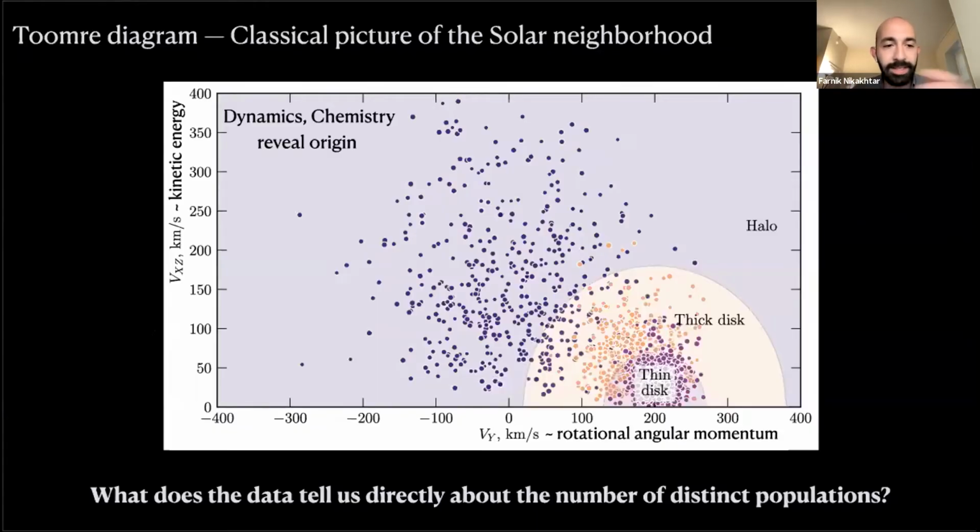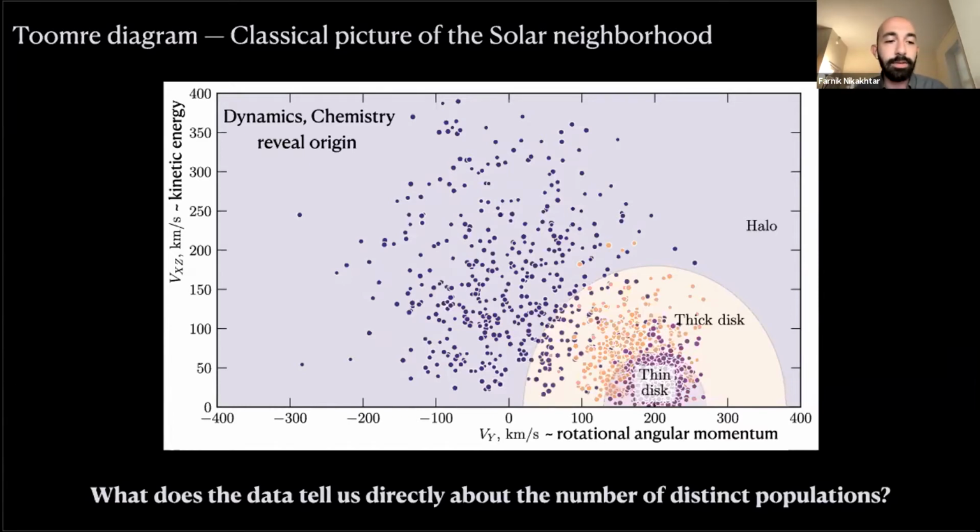So let's start from this Toomre diagram that we have seen several times in the previous talks. It basically motivates the decomposition of the solar neighborhood into components with some hard cutoffs that we can see. Our main question in this work was: what does the data tell us directly about the number of distinct populations if we don't want to have these hard cutoffs, for example, for the halo, thick disk, or thin disk?